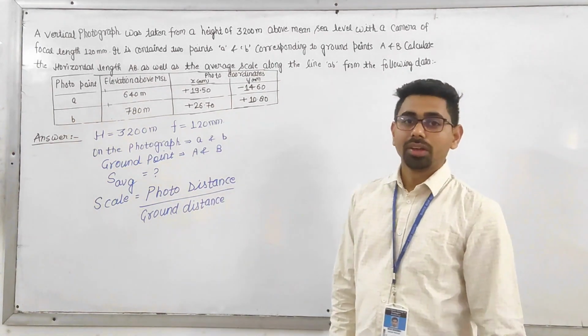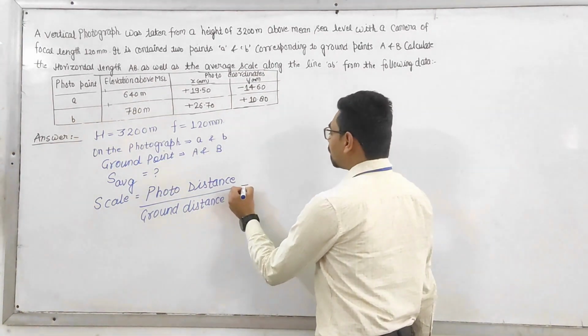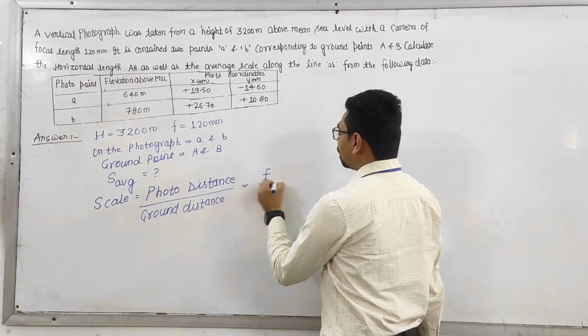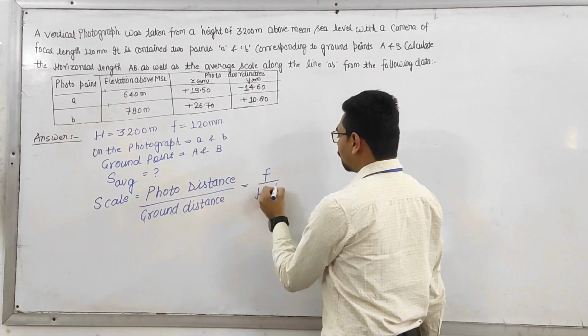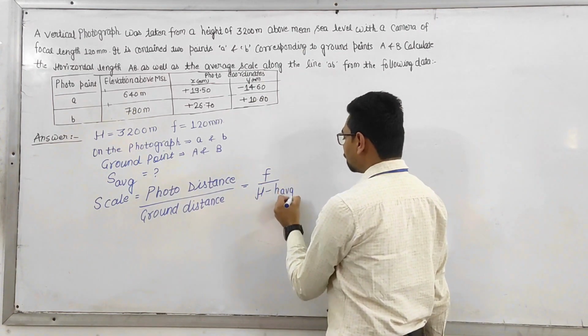Or we have another formula, F upon H minus average elevation.